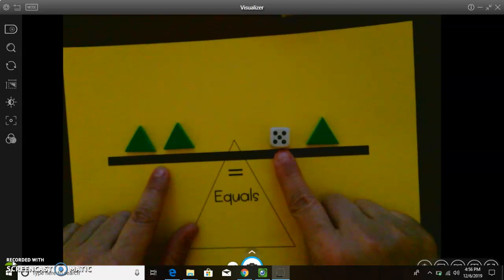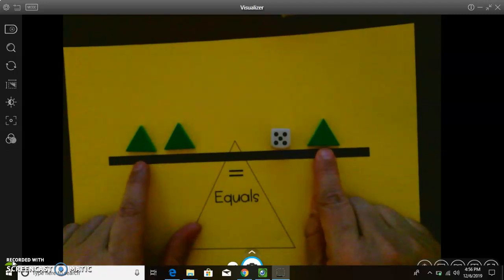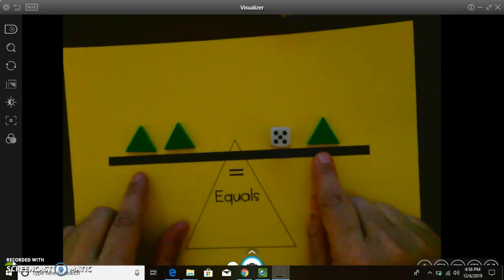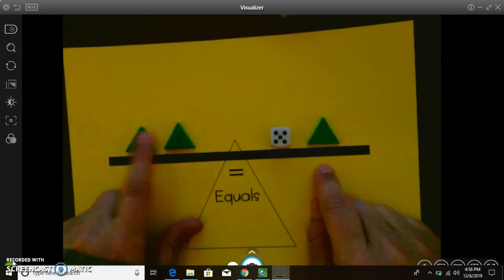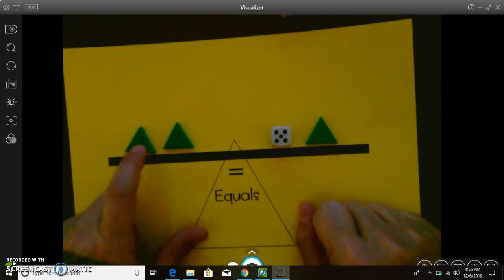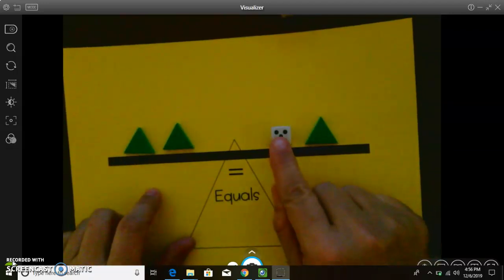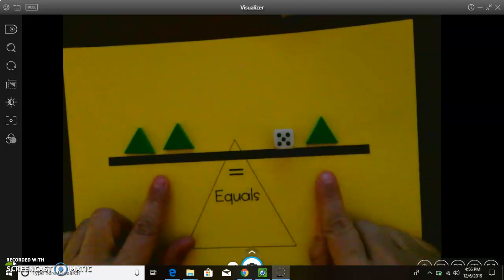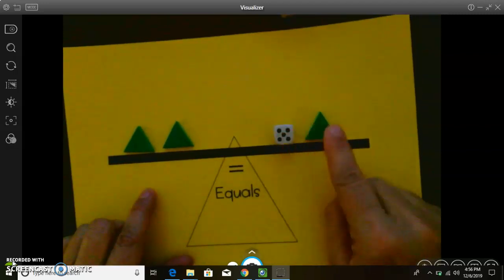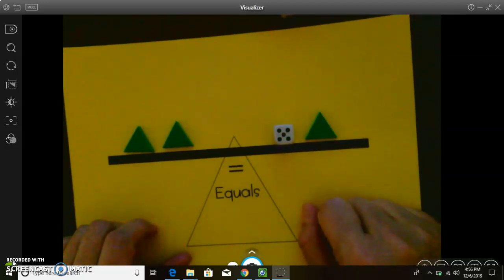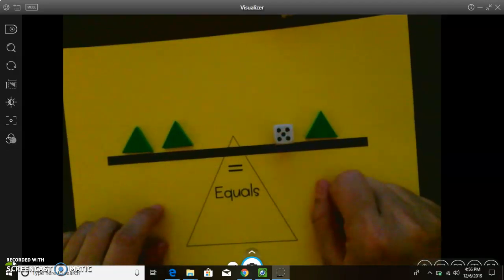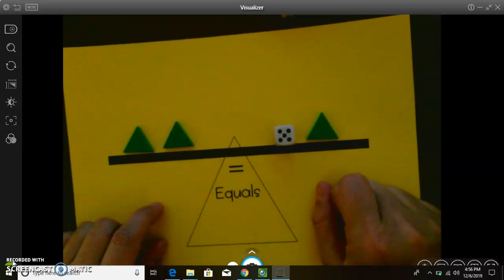On this side we have a 5 and an unknown, and then on this side we have 2 unknowns. So we could start checking with 1. Like I said, that would be a little crazy: 1 plus 1 is 2, 5 plus 1 is 6, 2 does not equal 6. 2 plus 2 is 4, 5 plus 2 is 7, 4 does not equal 7. 3 plus 3 is 6, 5 plus 3 is 8, that does not equal. 4 plus 4 is 8, 5 plus 4 is 9, does not equal, but we are getting closer.